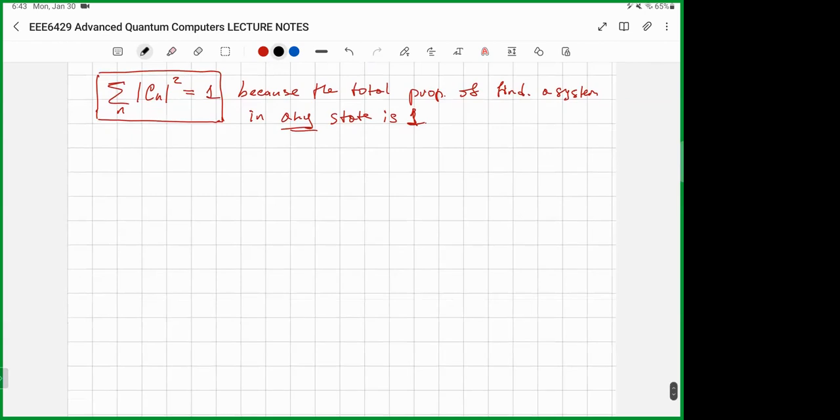Very good. All right, so let's jump to postulate number 3. This postulate is about observables. So we already mentioned that in quantum mechanics, basically, in physics in general, the observables are real valued numbers, right?